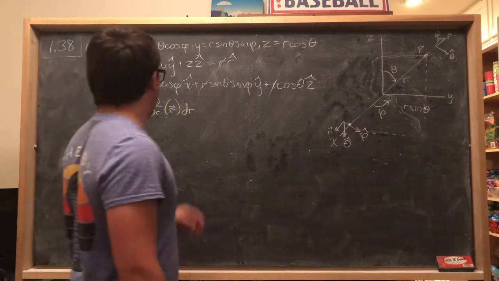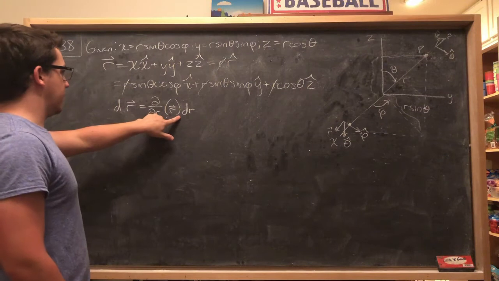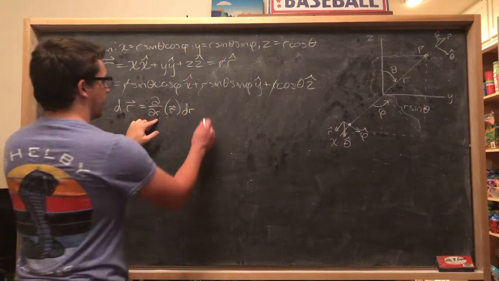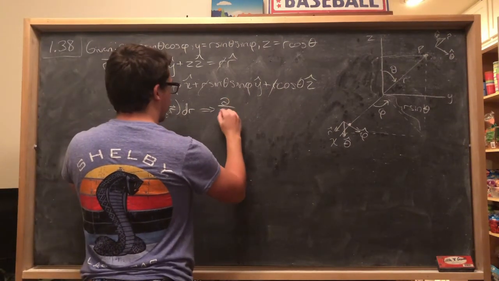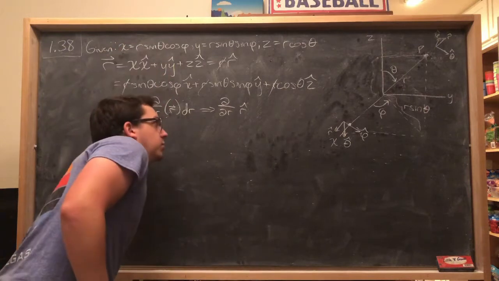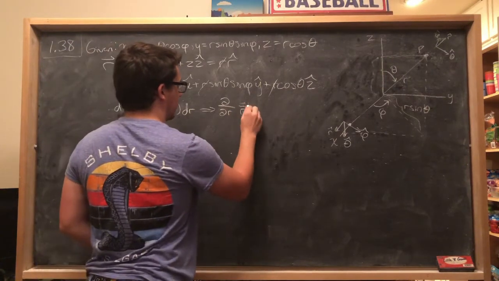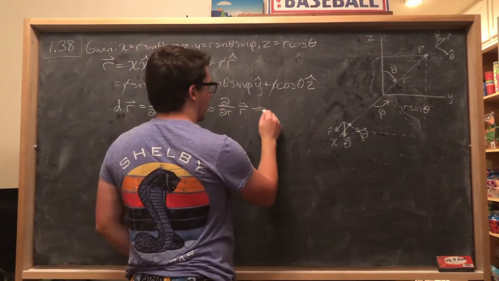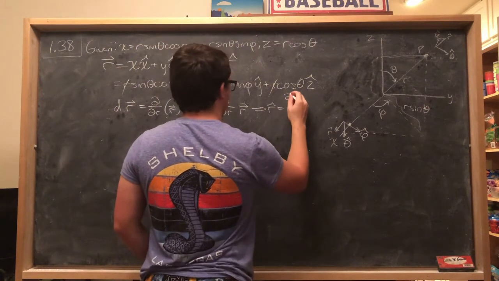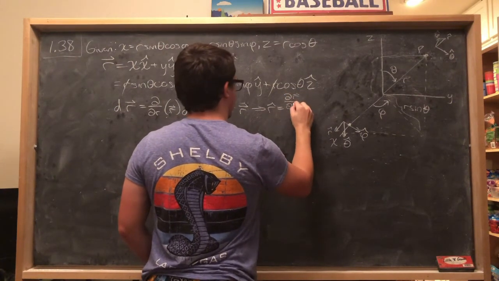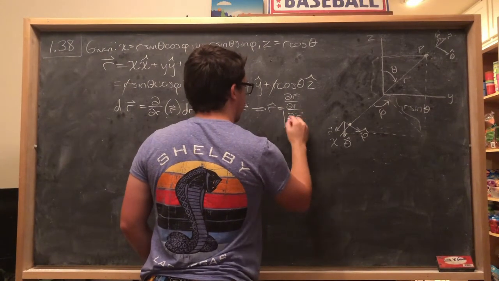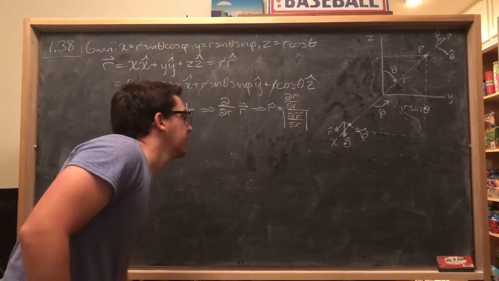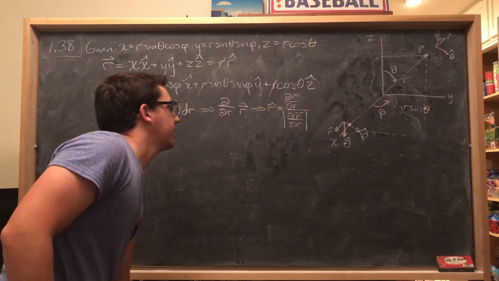But knowing that we've written this such that it should only point in the r hat direction, then we can see that this derivative of the position vector with respect to r should point in the r hat direction. And so if we wanted to get the r hat direction, we would just normalize this result, dividing it by its magnitude. So let's go ahead and do that.